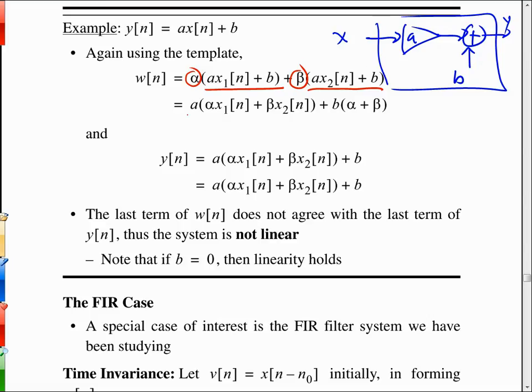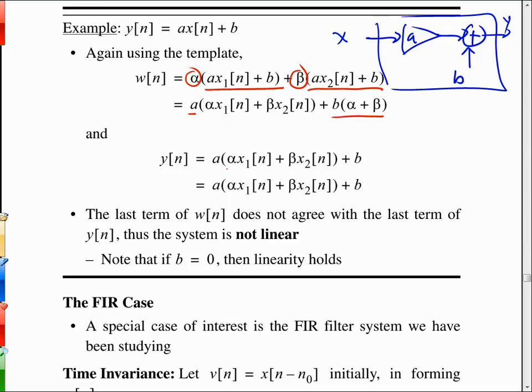So I got A times alpha x1 plus beta x2, but then I also get a constant term out over here, B times alpha plus beta. Interesting. Don't know if it's going to work or not, but we have that variation.